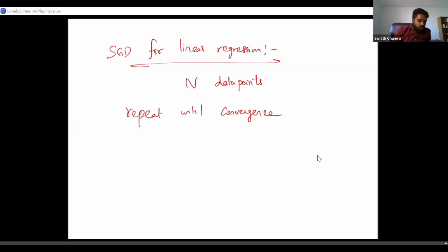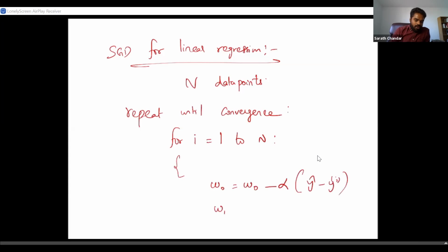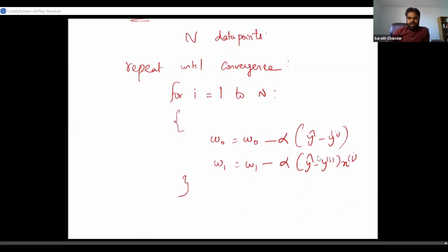Okay, now for i equals 1 to n, we have a for loop over all the examples. Now we are going to update W0 is equal to W0 minus alpha times (y hat minus y of i), and W1 is equal to W1 minus alpha times (y hat minus y of i) times x_i. Right?